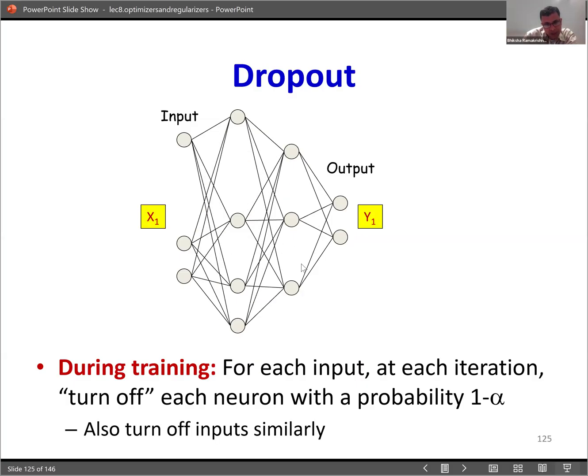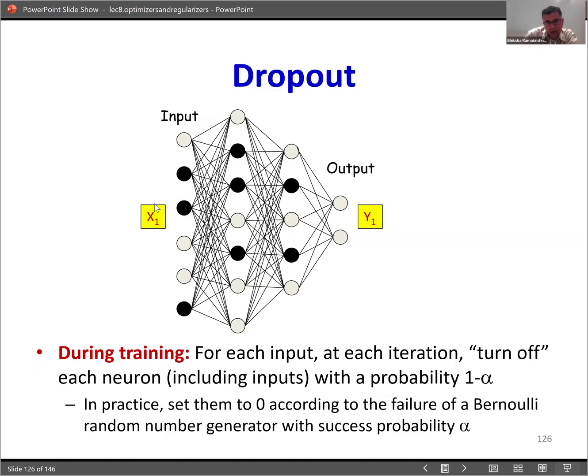So all of these neurons are switched off. And this is the remaining network that you would use to process X1. So basically, you have effectively turned all of these black neurons off. Now, flipping a coin can be done computationally through a Bernoulli random number generator with success probability alpha.